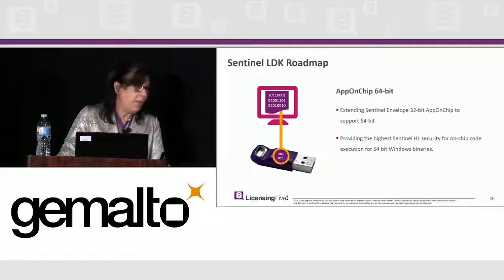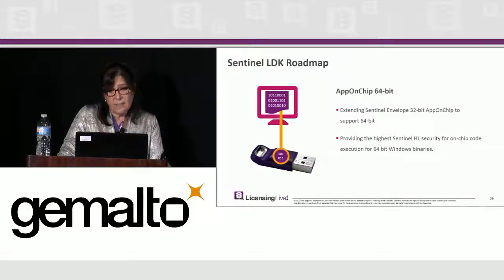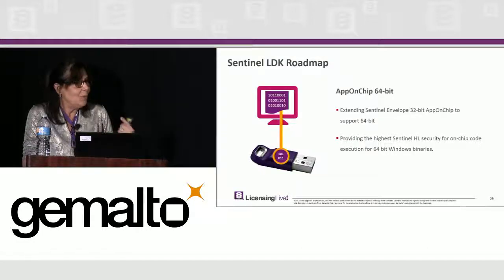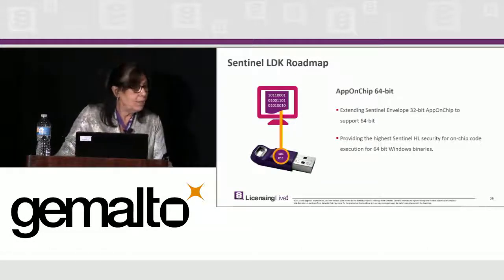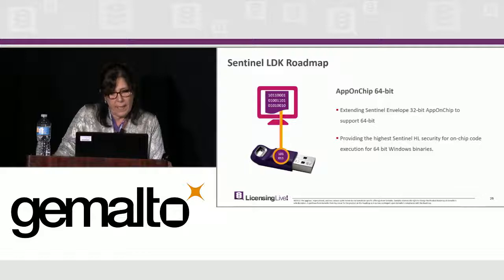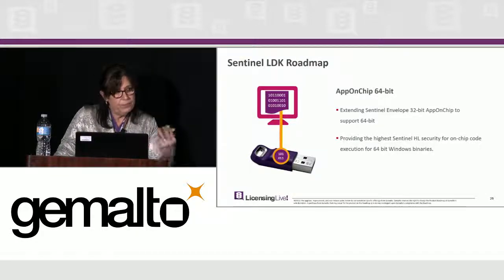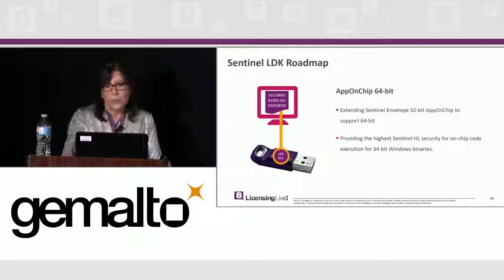This is a very powerful feature. It's implemented automatically by using the Sentinel envelope for LDK. So now, in addition to having app on chip for 32-bit Windows binaries, we're also extending that to support 64-bit.